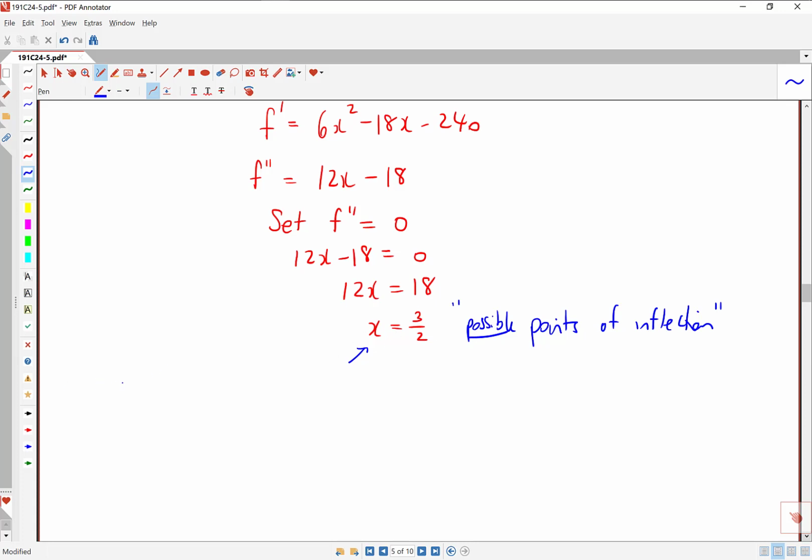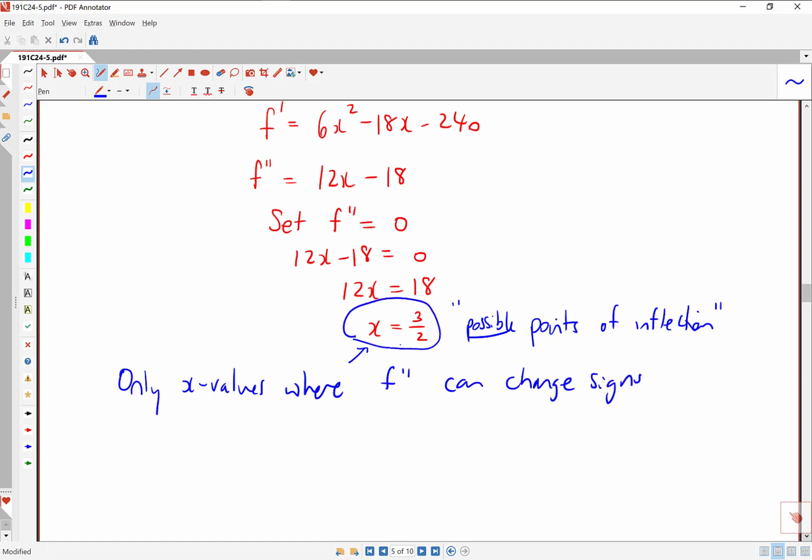These x values on your list are the only x values where f double prime can change signs. At all the numbers on this list, f double prime is equal to 0, and that's the only place where f double prime can switch from being positive to negative or vice versa. But the caution is that a sign change is not guaranteed.